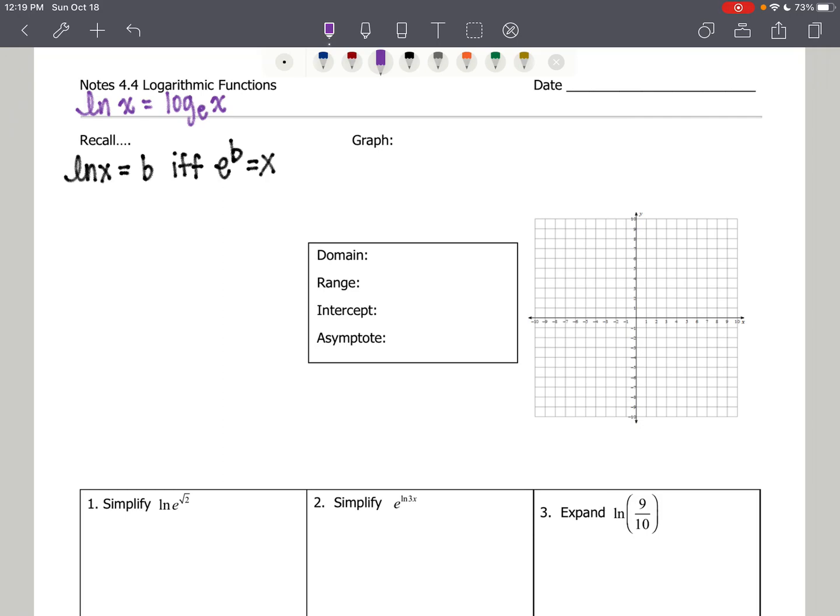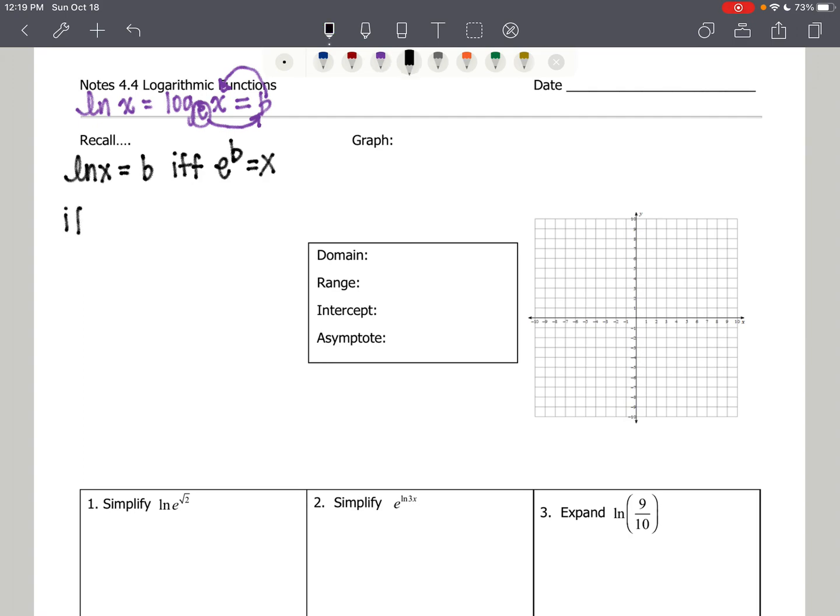Because it's the natural logarithm, and we use it so often, the base e is not written. We just write ln, and that means that logarithm has a base e. So when that logarithm has a base e, if I say that this is equal to b, then our base raised to the exponent equals our argument.